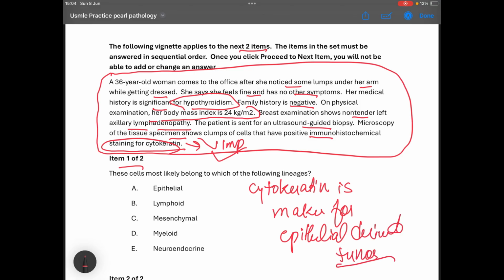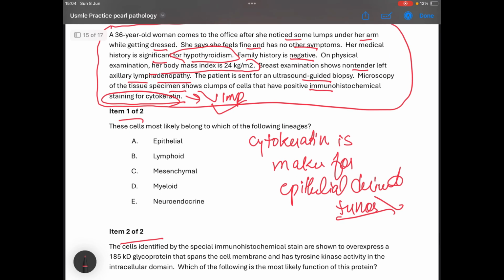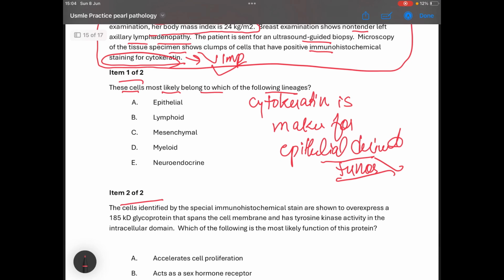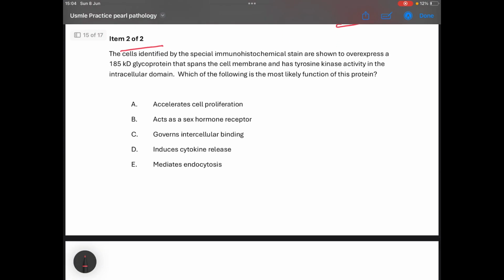It's also covered in the Neoplasia part of general pathology in First Aid. And you got an epithelium-derived MCQ: these cells most likely belong to which of the following lineages? You already know cytokeratin belongs to epithelium, so the answer is epithelium.